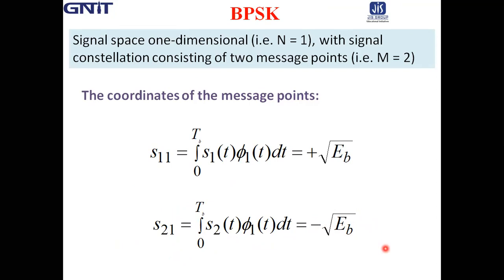So the message point corresponding to S1(t) is located at S11 equal to plus root over EB, and the message point corresponding to S2(t) is located at S21 equal to minus root over EB.